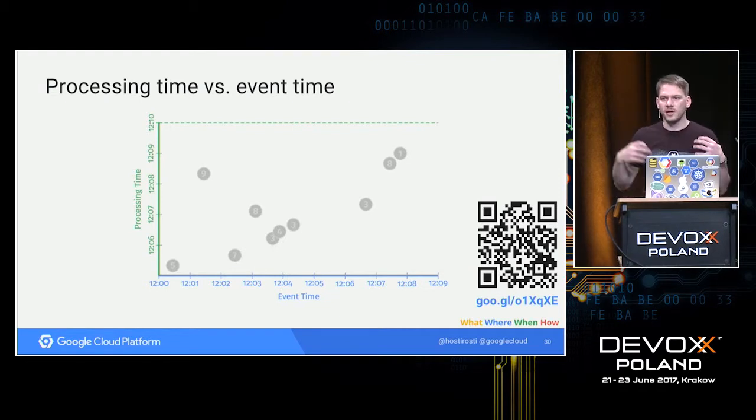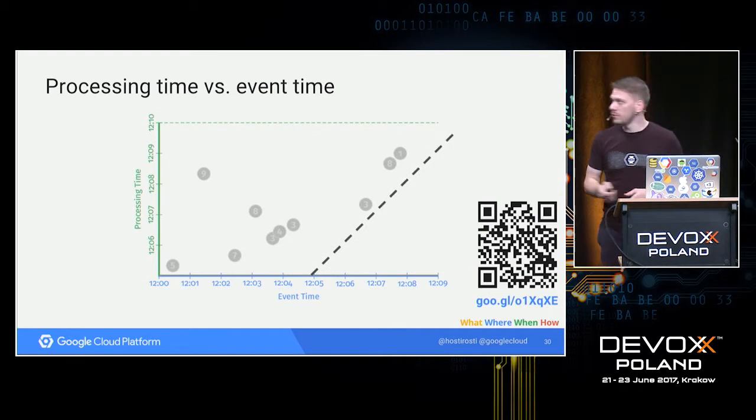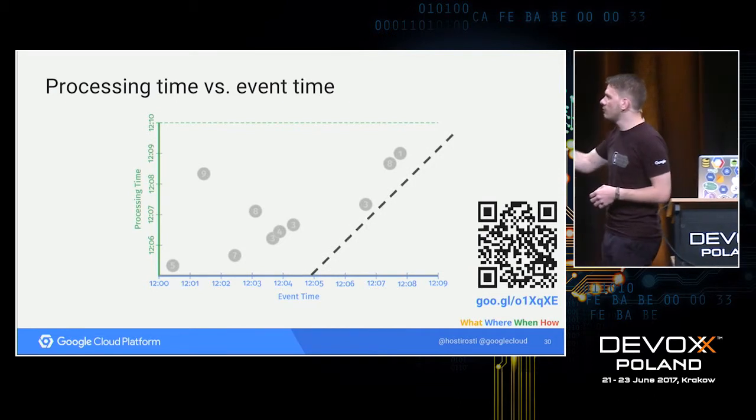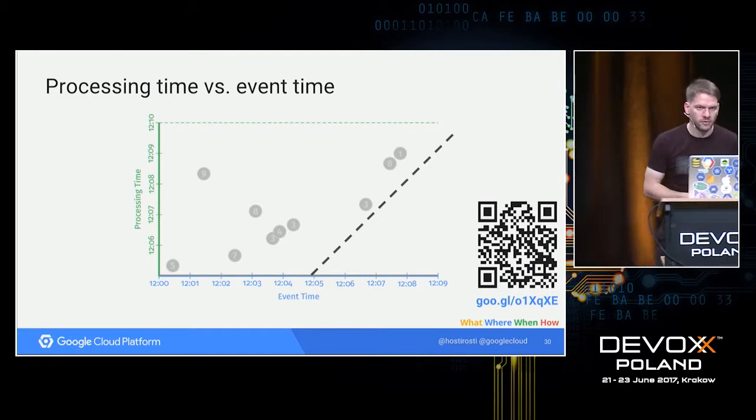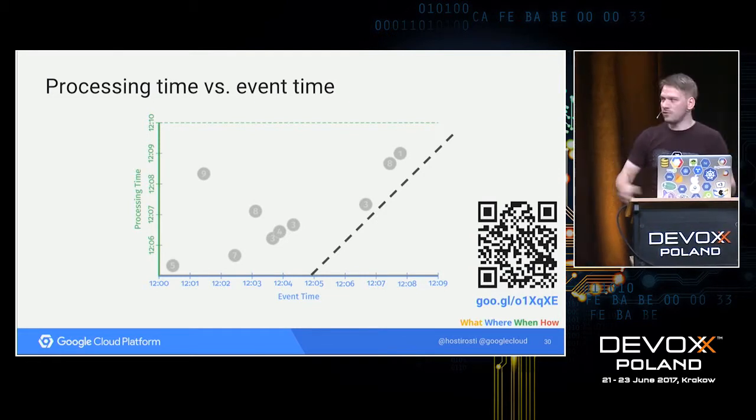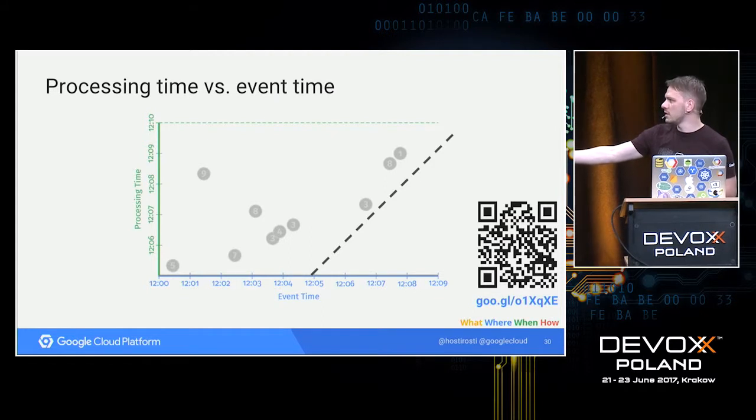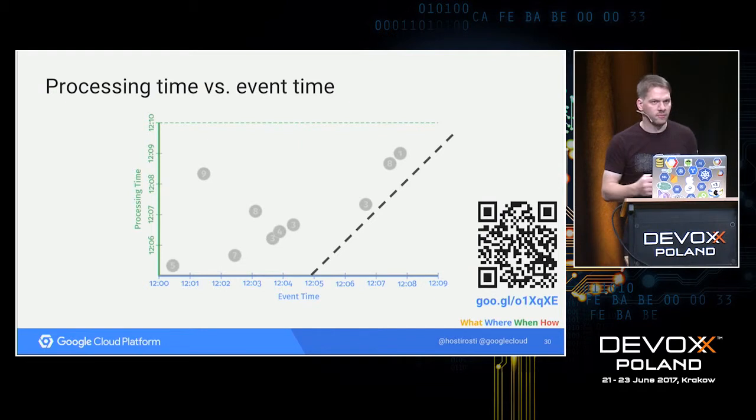Now, to get correct results with Apache Beam, we have to make a differentiation for the time that I mentioned already: the time when an event happens versus the time when the event is actually available for processing. So in this example, we calculate team scores, and these have happened between 12 and 12:09. We have the time when the event was actually happening on the x-axis, and on the y-axis we have the time when it's actually received in our system to be processed.